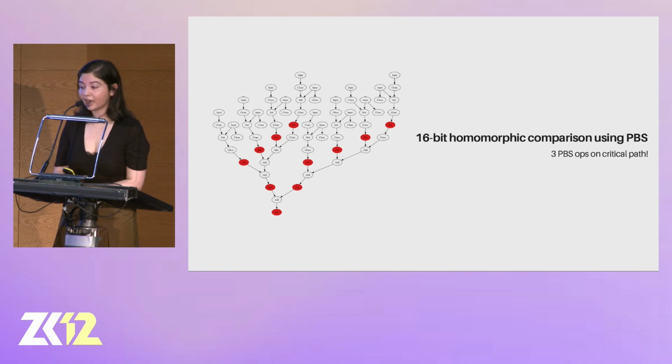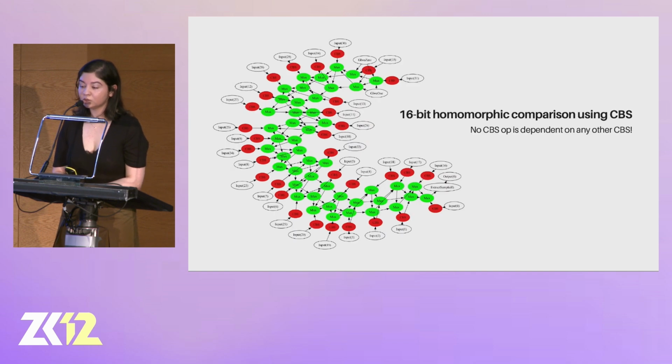And here we're seeing how to do that program using programmable bootstrapping. You'll notice on the left-hand side with that nice diagram, these red nodes, which is where you perform a programmable bootstrap operation. The important thing to note is that there's dependencies between these red nodes. So there are programmable bootstrap operations dependent on other programmable bootstrap operations. What happens if you try to implement the exact same program using circuit bootstrapping?